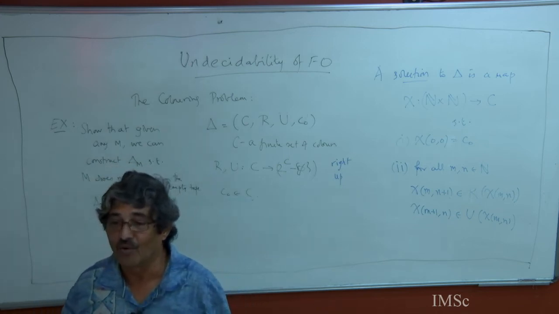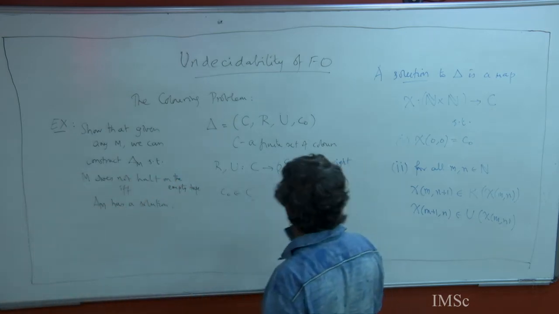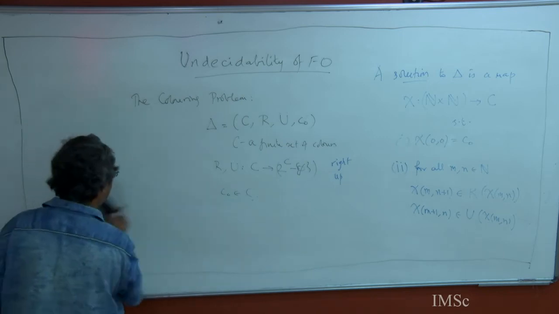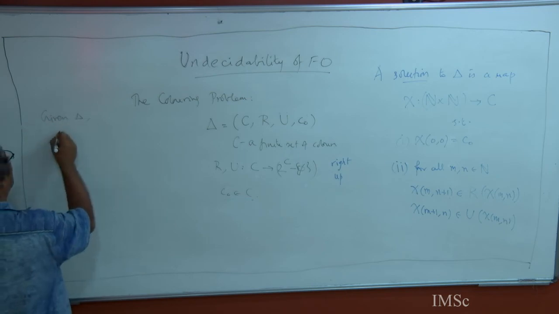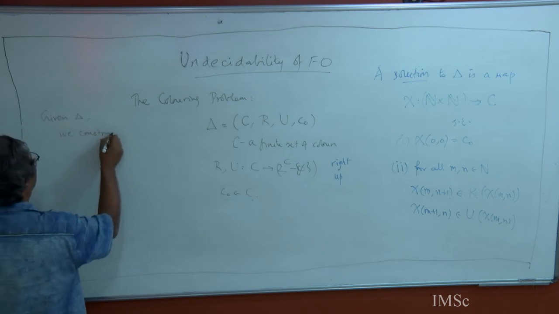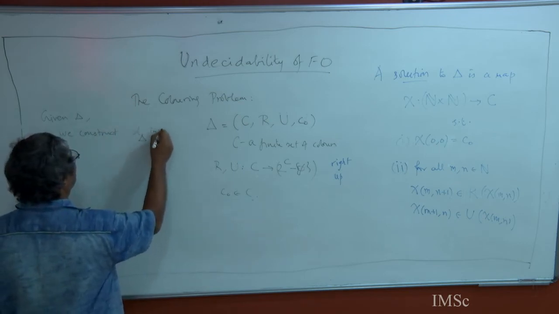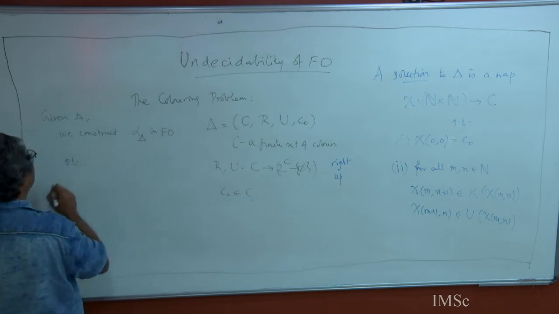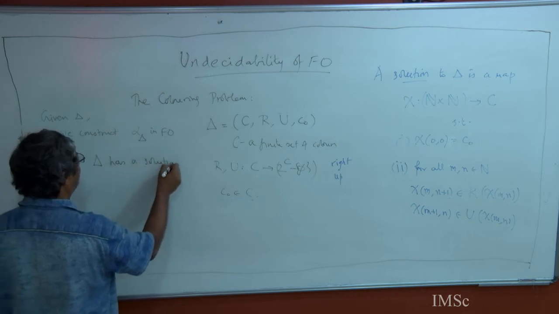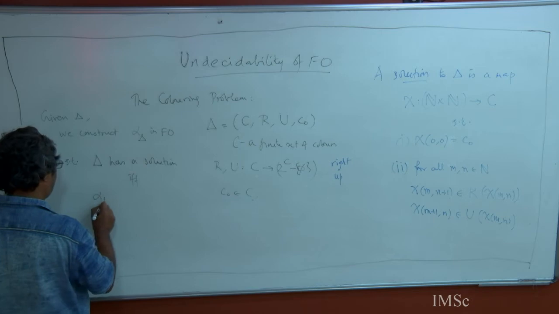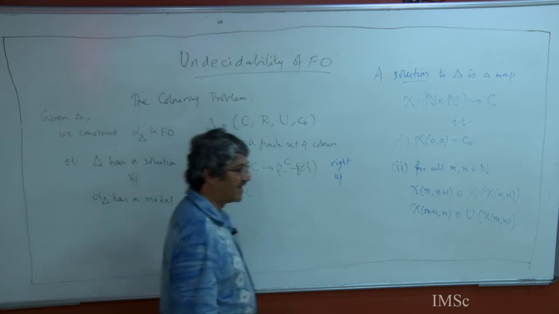Okay. So now let's see how to code it up in first order logic. What we will do is, given any delta, we define alpha delta in FO such that delta has a solution if and only if alpha delta has a model.